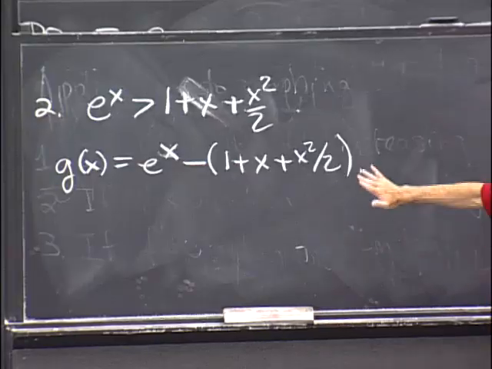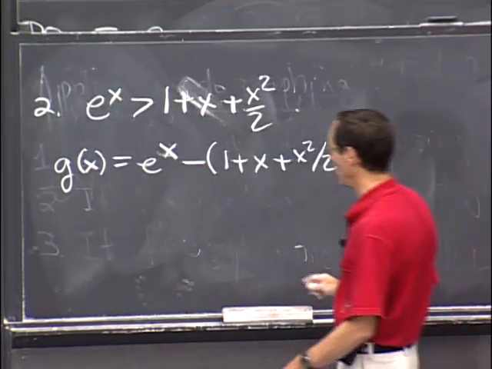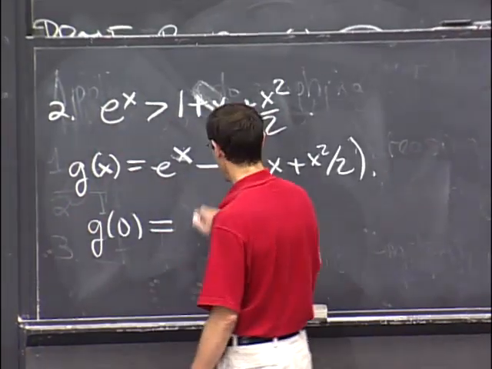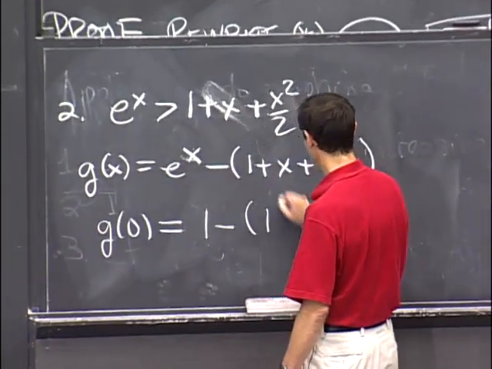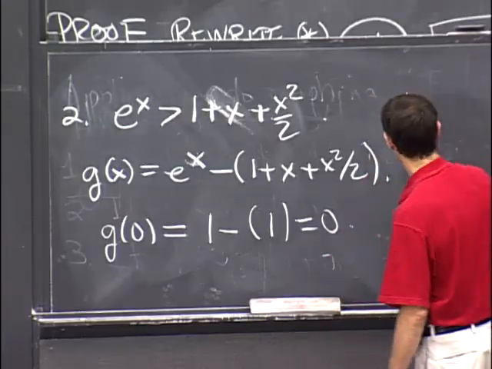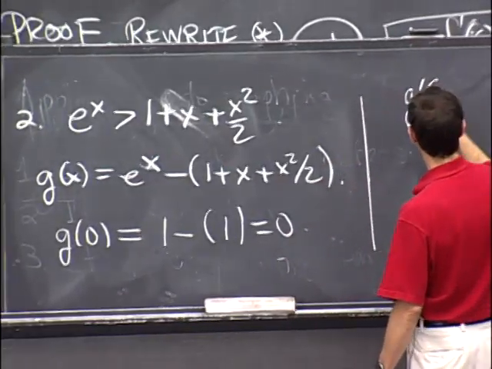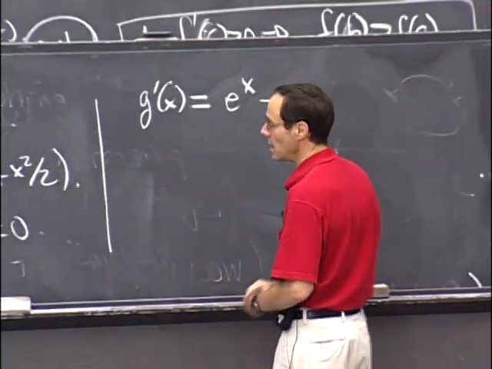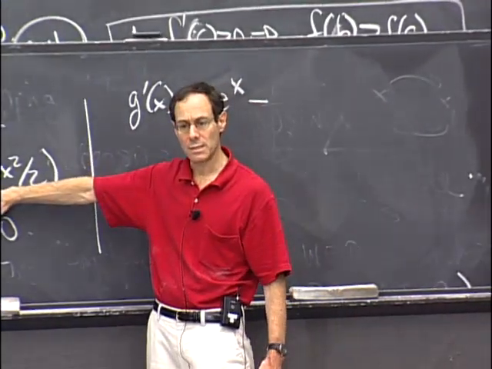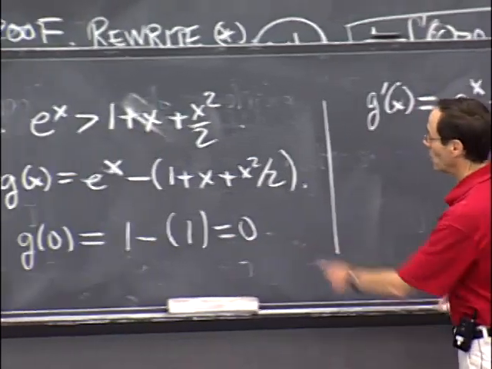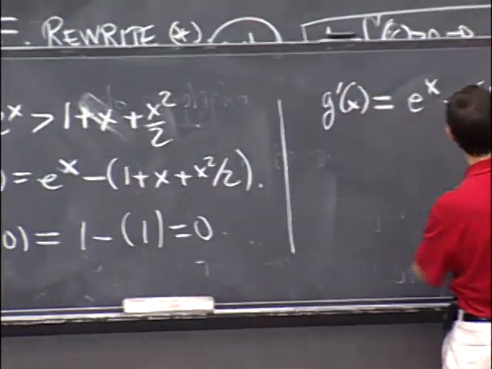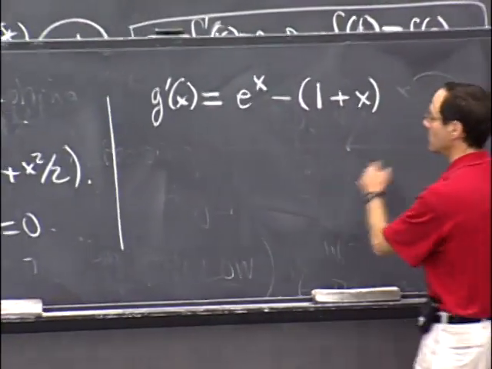And now I'm just going to do exactly the same thing I did before, which is I get started with g of 0, which is 1 minus 1, which is 0. And g prime of x is e to the x minus, now look at what happens when I differentiate this. The 1 goes away, the x gives me a 1, and the x squared over 2 gives me a plus x.